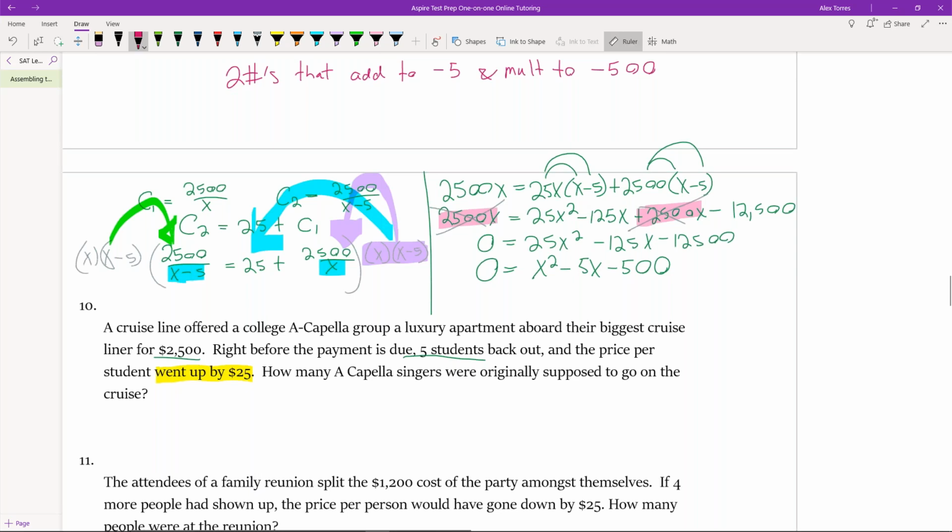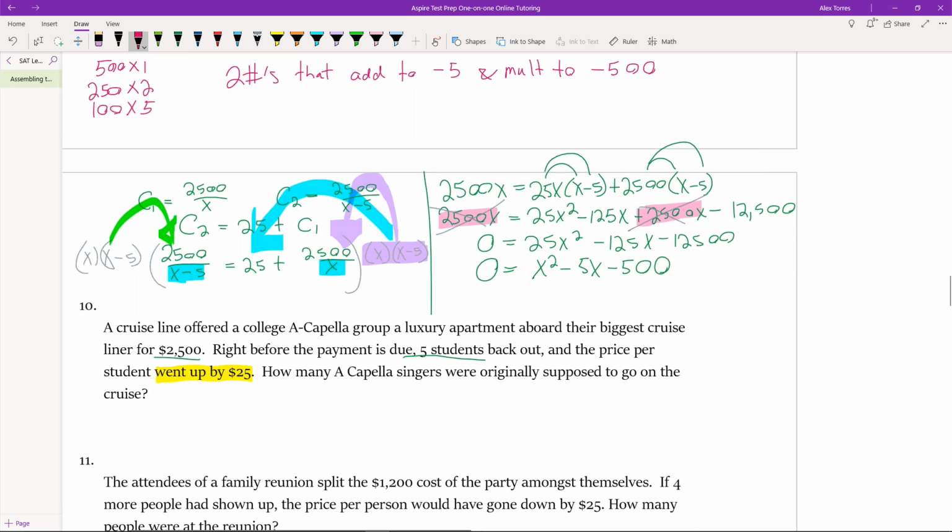But we can go ahead and take 500 and just divide it by every possible number. You don't have to catch every one, but we're looking for a pair of numbers. So 500 divided by 1 looks like that, right? 500 divided by 2 would be 2 times 250. And we're looking for a pair of numbers that when you add them together, you get negative 5. Again, one of them can be negative. That's okay too.